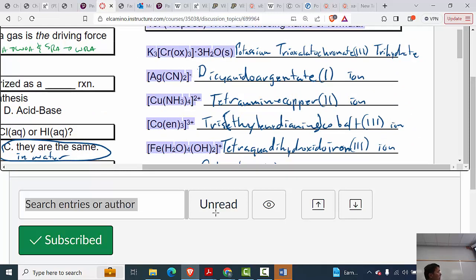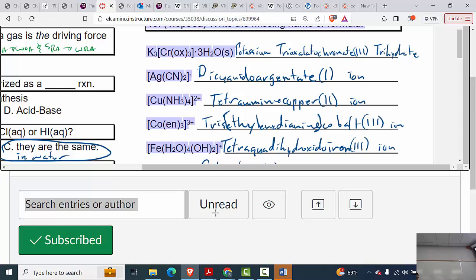All right, let's look at the nomenclature here. First one's the product we synthesize, potassium trioxalatochromate 3 trihydrate. And then we have the dicyanido or dicyano argentate 1. Then the tetraammine copper 2 ion.